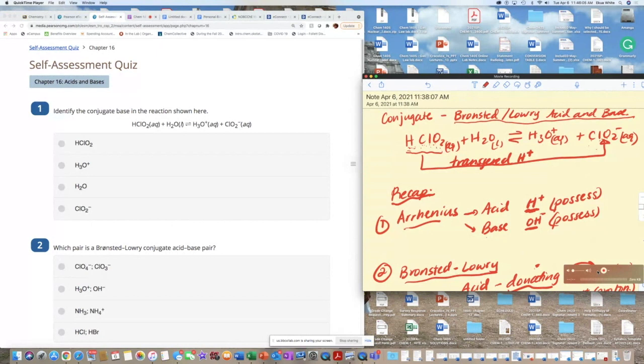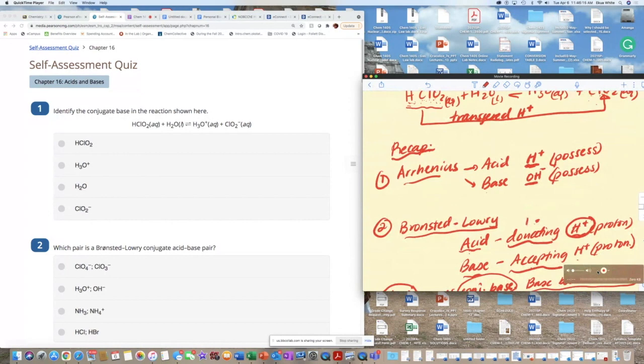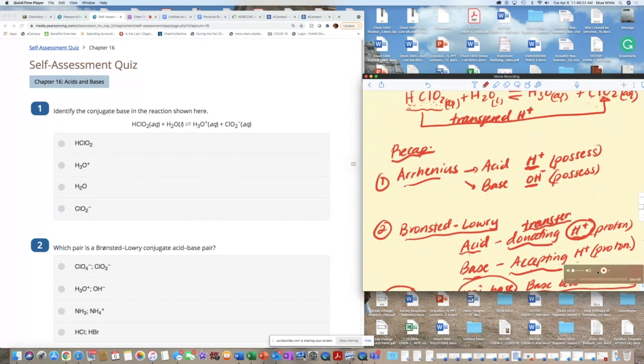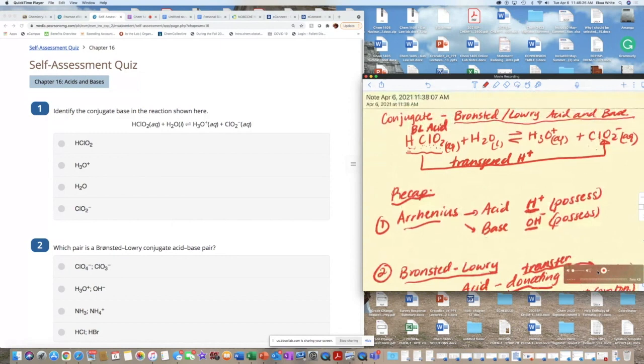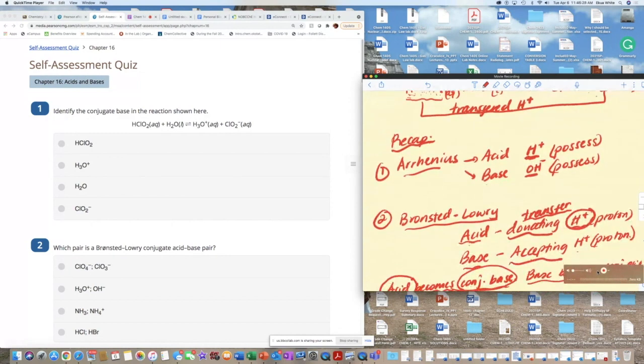Because that chemical on the left transferred the H plus, then we can say this chemical is the Bronsted-Lowry acid. Because we said down here, the acid donates, or they use the term transfers or loses, whatever, donates, transfers. It's the one that's given off the H plus. Okay? And then what is the base doing? The base is accepting the H plus.